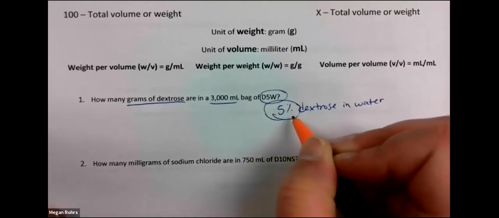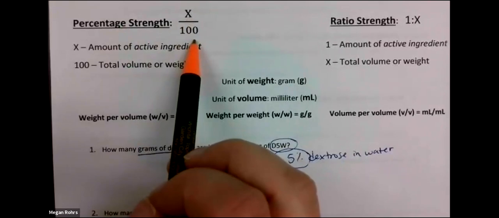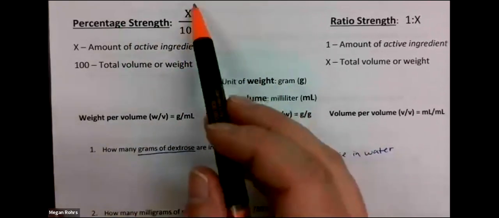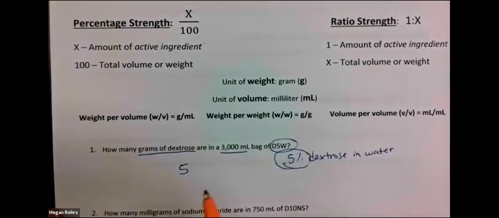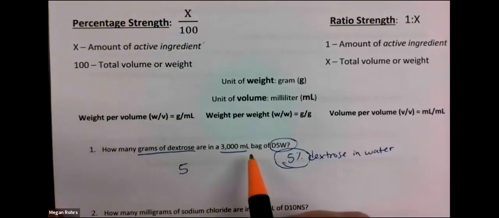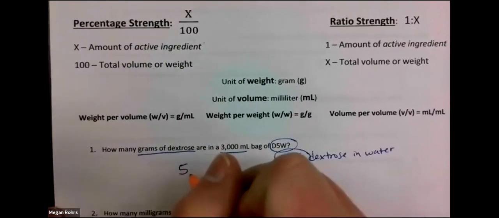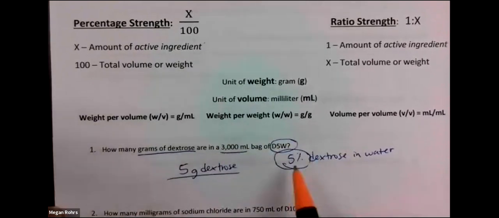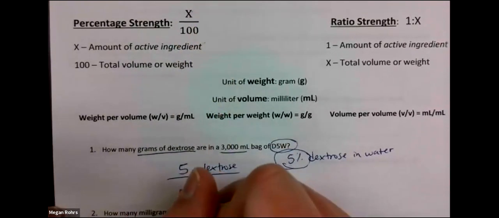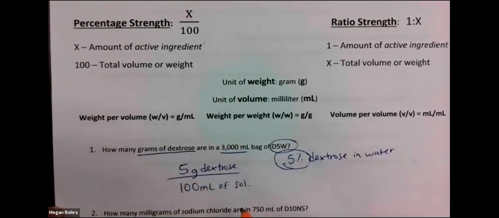So anytime you see your percentage strength, remember, set that up as a fraction. Just take your number, that's your X. So in this case, 5. And this is another IV solution, so we're always going to assume that those are weight per volume. So 5 grams of dextrose. And remember, it's percentage strength, so X over 100. So in every 100 mils of solution.